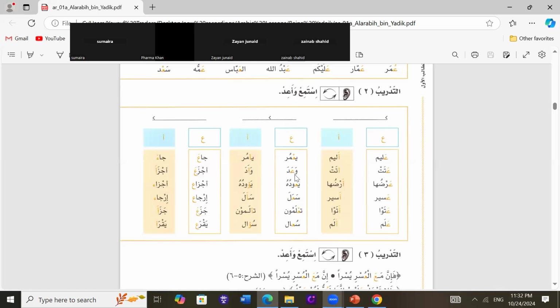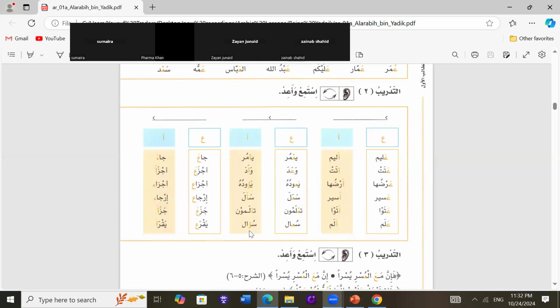Here they have given wa'ada. Yes, ya'uduhu. Here we are sounding ayn. Here we are sounding hamza. So ya'uduhu, sa'ala, ta'lamun.